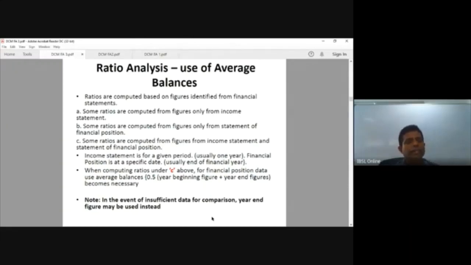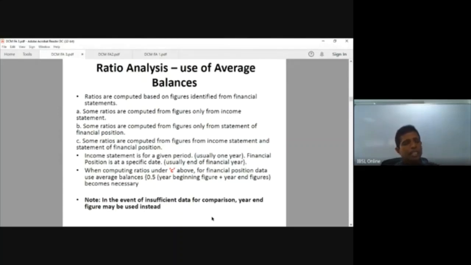Then the one left is the situation where you take one figure from the income statement and the other figure from the statement of financial position. One figure from the P&L and the other figure from the balance sheet. Right. In that case, read point number C. Some ratios are computed from the figures from the income statement and statement of financial position.